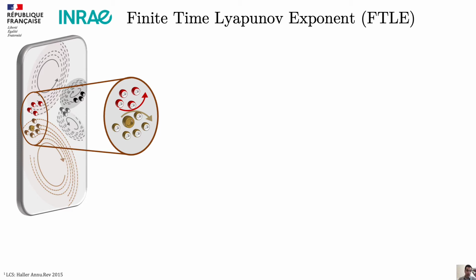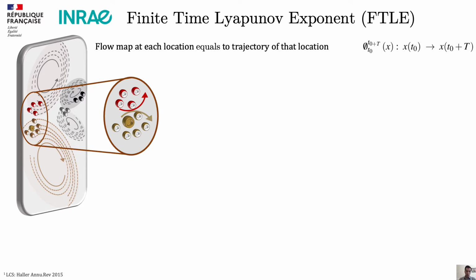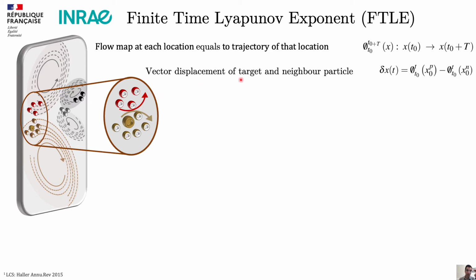To quantify the Lagrangian coherent structure boundaries, we use FTLE, the finite time Lyapunov exponent. To compute the FTLE value, we need the displacement map between each 2 neighbor tracks. So we have a vector displacement.